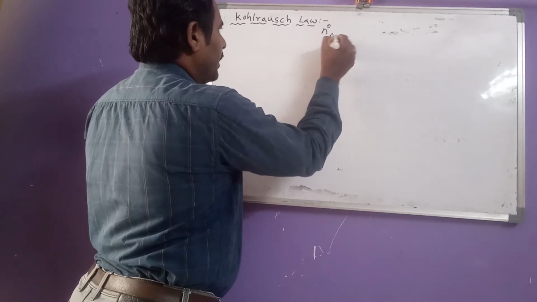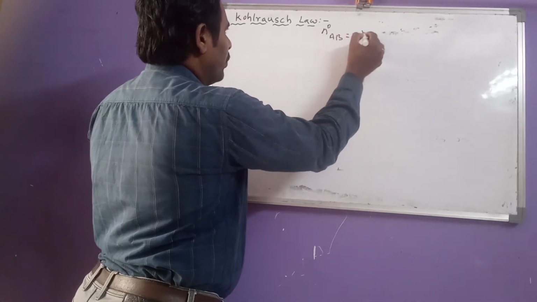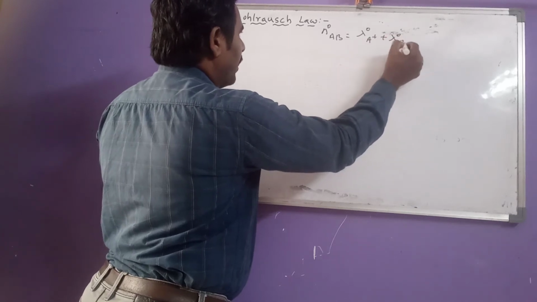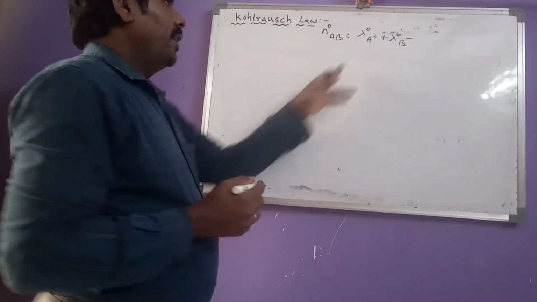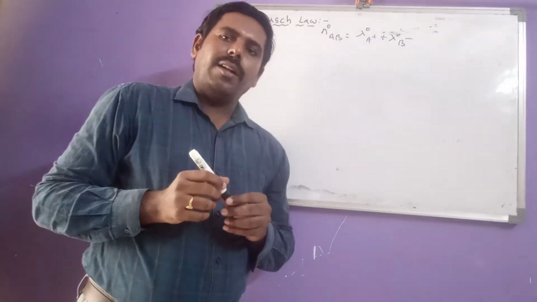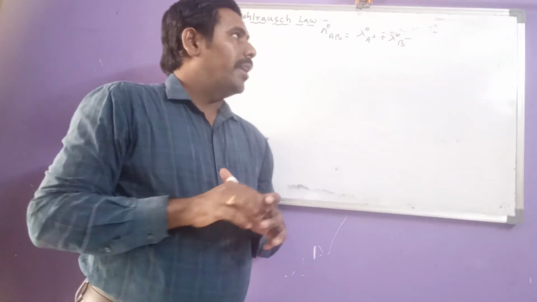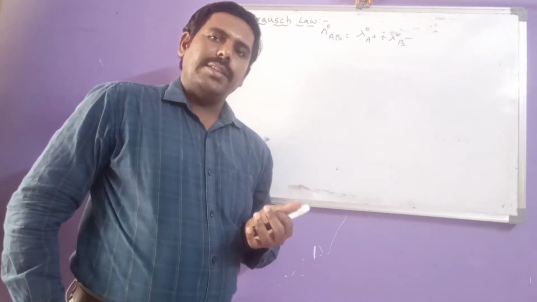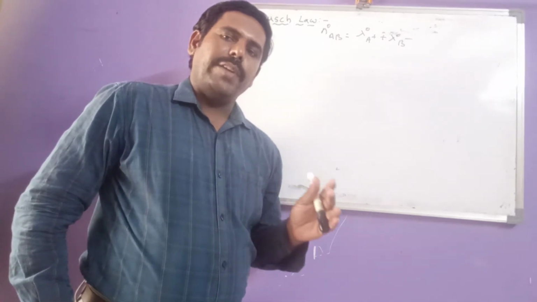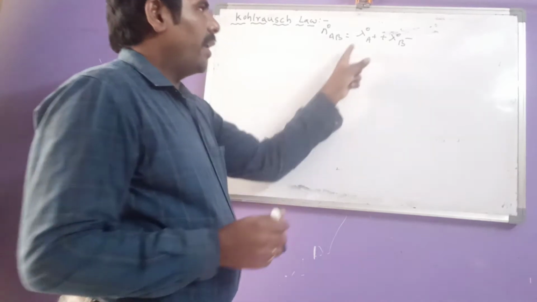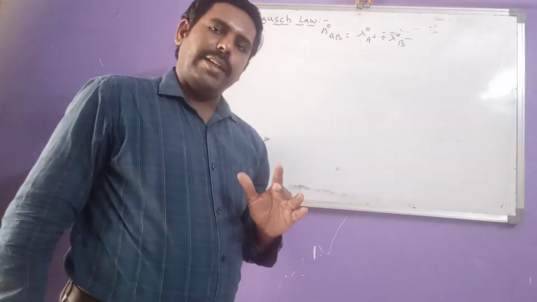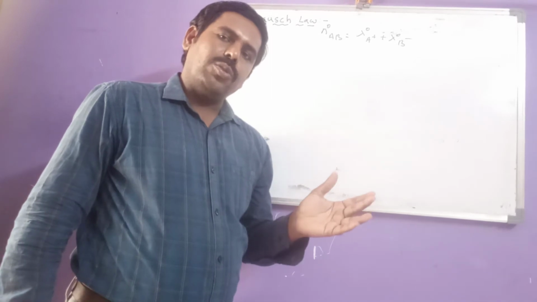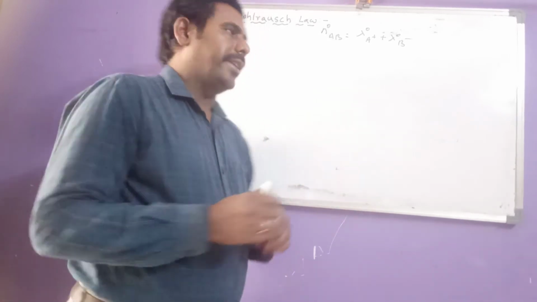Λ naught AB is equal to λ naught A plus plus λ naught B minus, where λ naught A plus and λ naught B minus are known as ionic conductivities, and this ionic conductivity of cation and anion are proportional to their ionic mobilities.